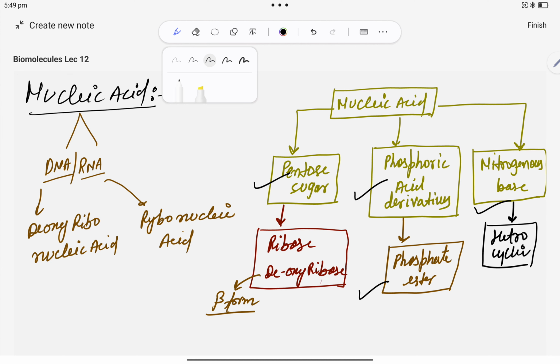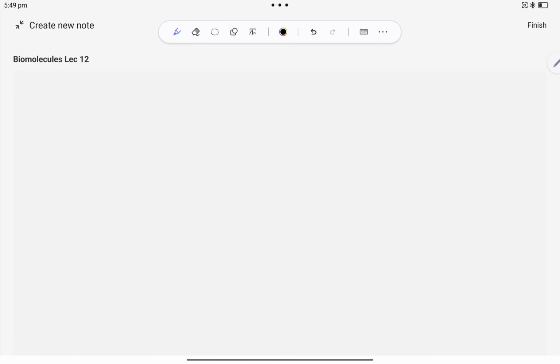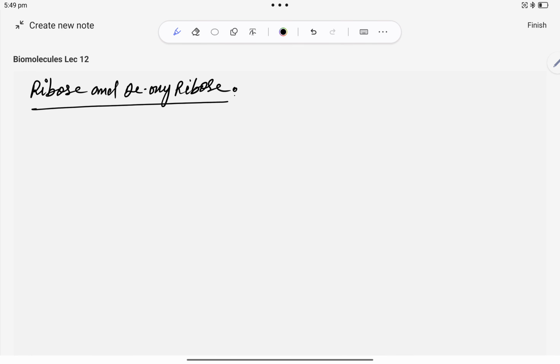So let's check it one by one. First one is ribose and deoxyribose. So what is ribose? It's a pentose sugar, that means 5 carbon. First carbon, second carbon, third carbon, fourth carbon, and fifth carbon.